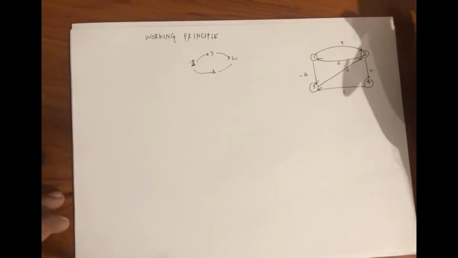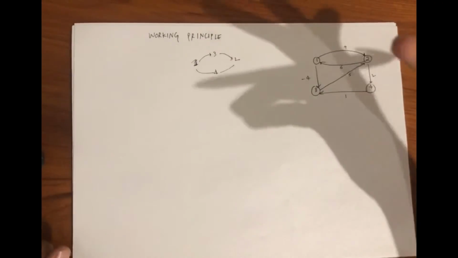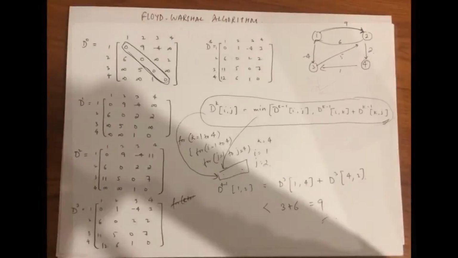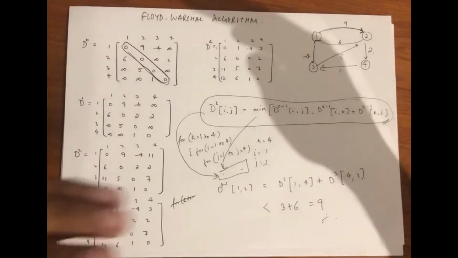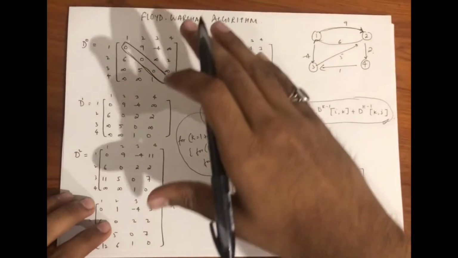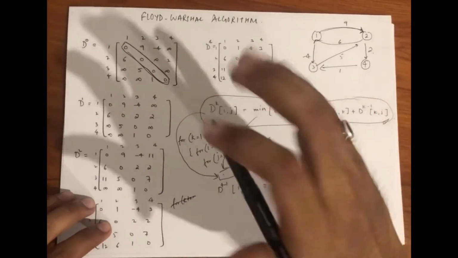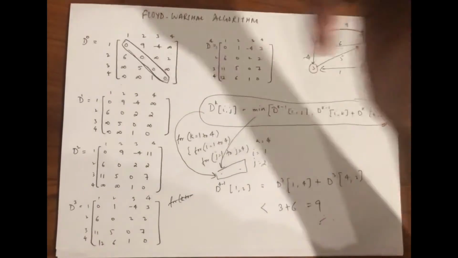By these steps we can find the shortest path. Now let us move towards the steps we have to follow to solve the problem. Here we made some distance matrices, and D0 is basically the initial matrix.